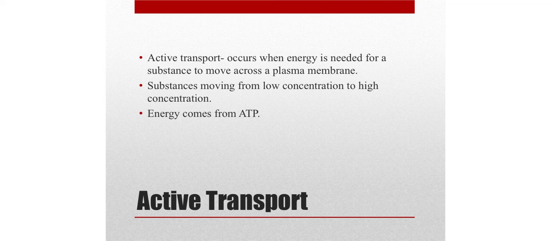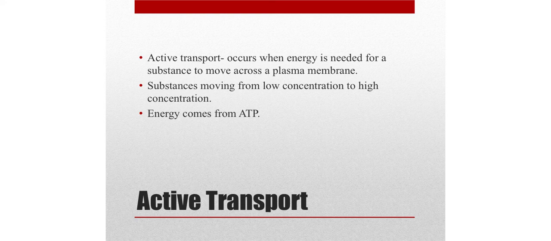There are two examples we're going to talk about when it comes to active transport. The first being the sodium-potassium pump. And the reason why this is so important is because this is what allows movement. This is what allows our muscles to actually move, and the communication between our nervous system and our muscles is due to the sodium-potassium pump. So really, really important functions here.